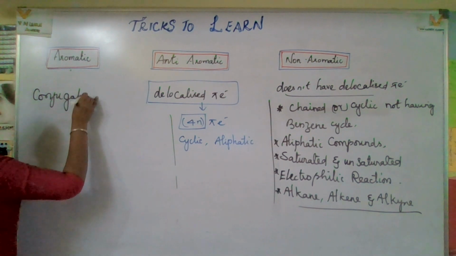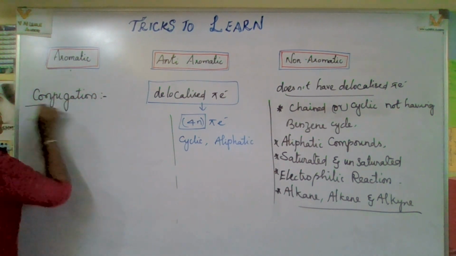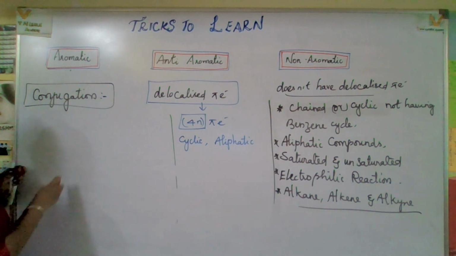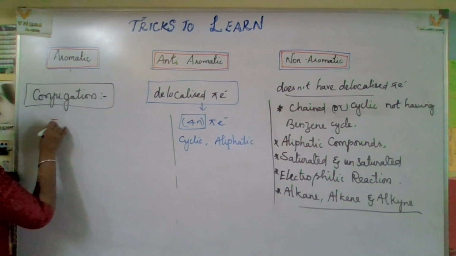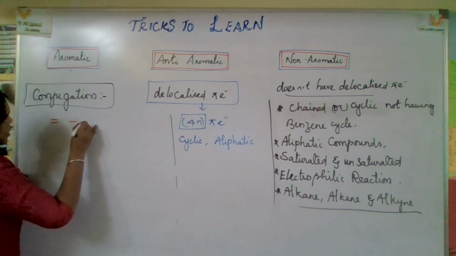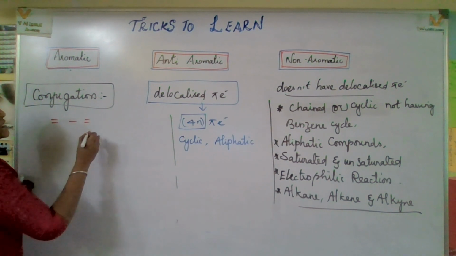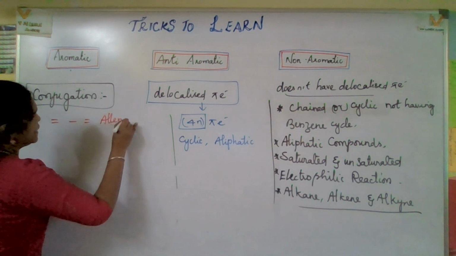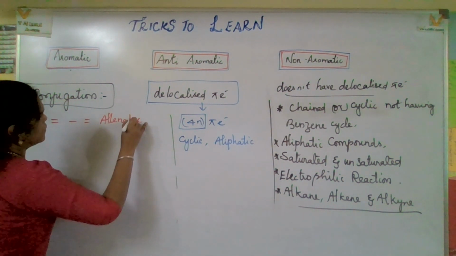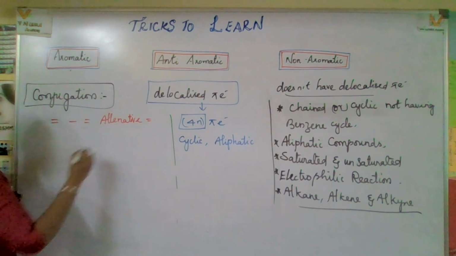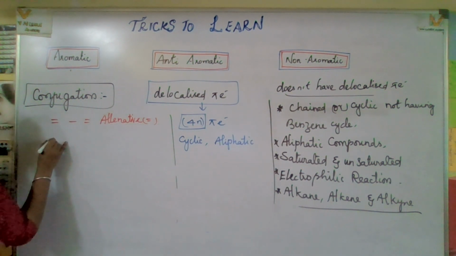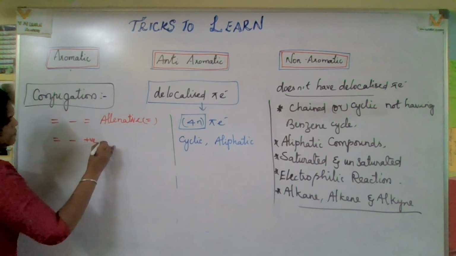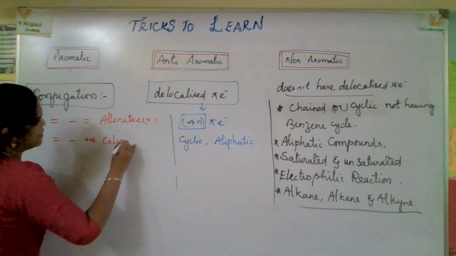Conjugation means, how do we identify conjugation? First, it has to be double bond, single bond, double bond, so that means alternating double bonds. Second, double bond, single bond, positive charge, so that means it is a carbocation.